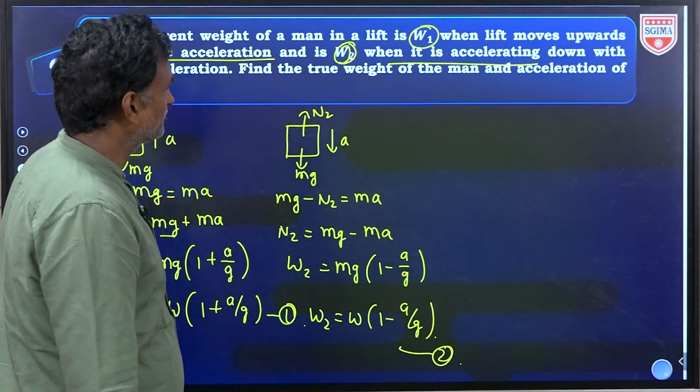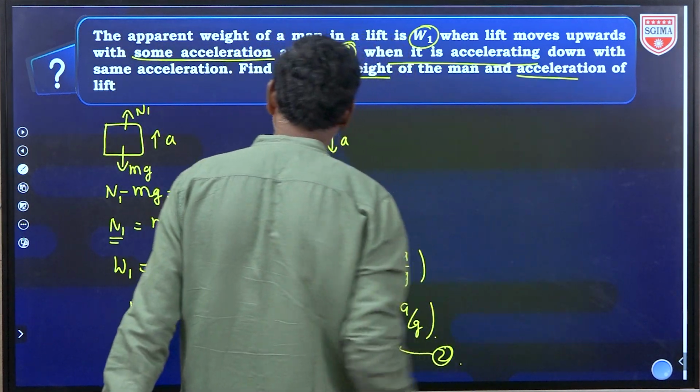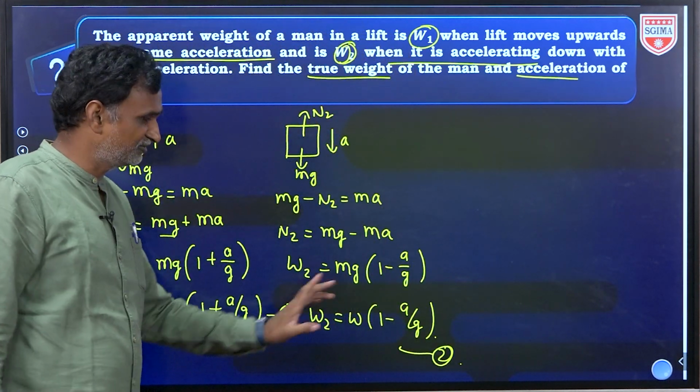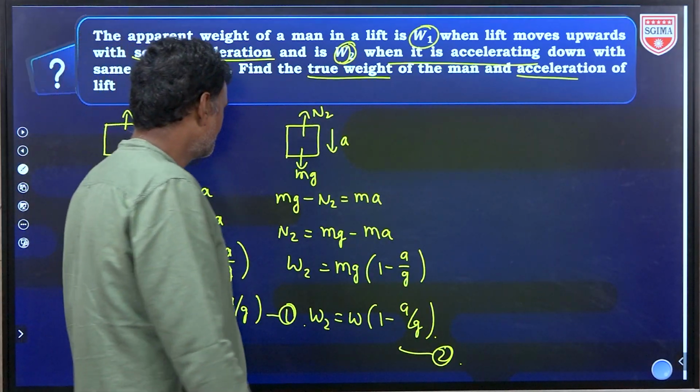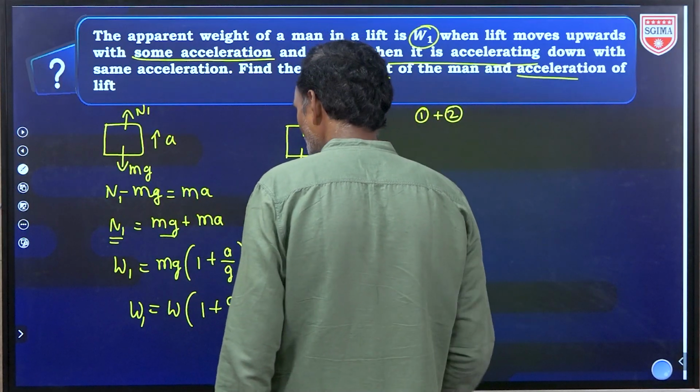What they are asking? The true weight of the man and the acceleration of the lift. True weight means W we have to find out. Okay. So for this purpose we need to add equations 1 and 2.